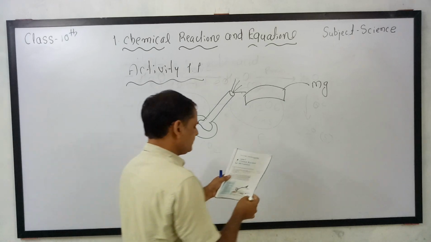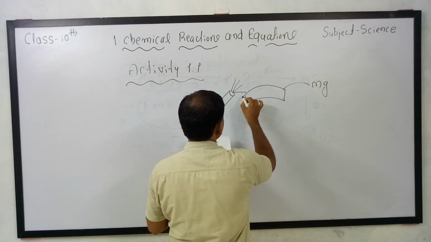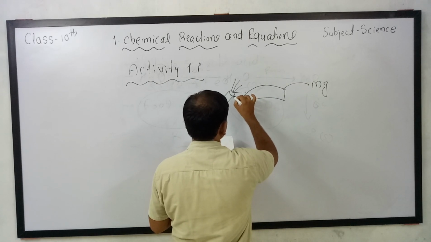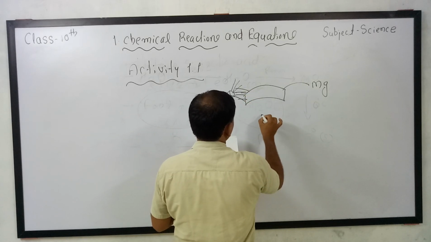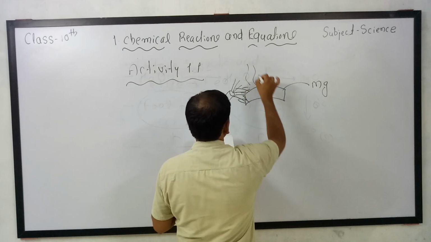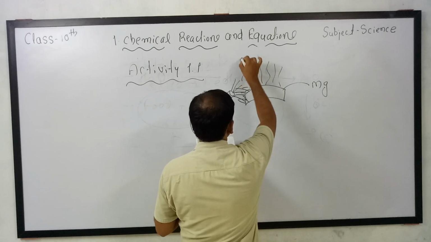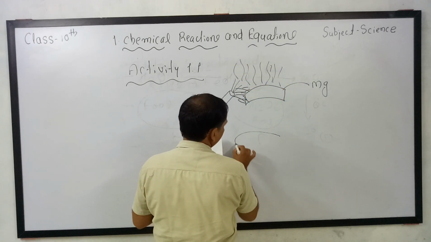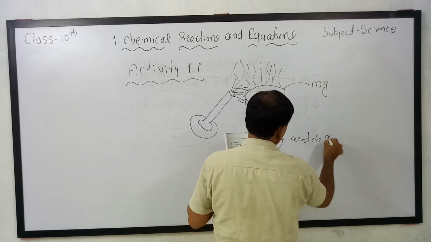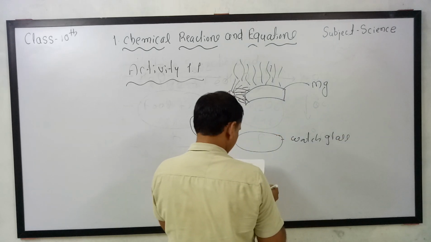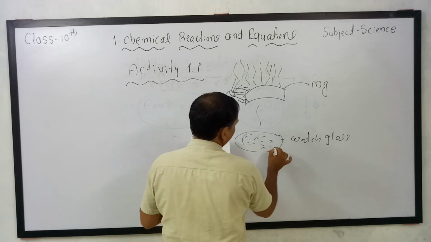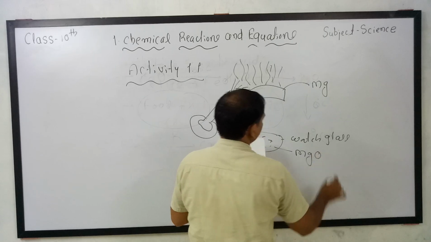When burning this magnesium strip, a dazzling flame is released. After burning, on a watch glass, the magnesium is converted to a white powder, and its formula is magnesium oxide.